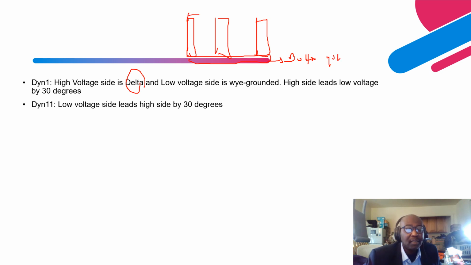On top of it is the top yoke. Right? This is phase A limb, phase B limb, phase C limb, right? So this is how the flux traverses. So the flux flows like this.